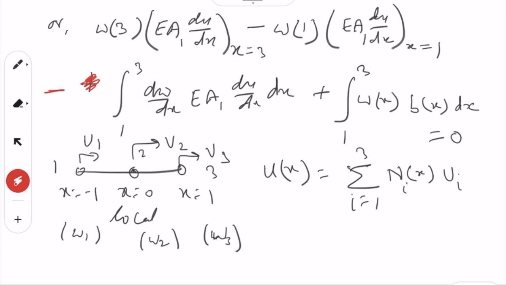So, for example, this value we can call f, let us call it f, of the first element, this is the second one, this force.